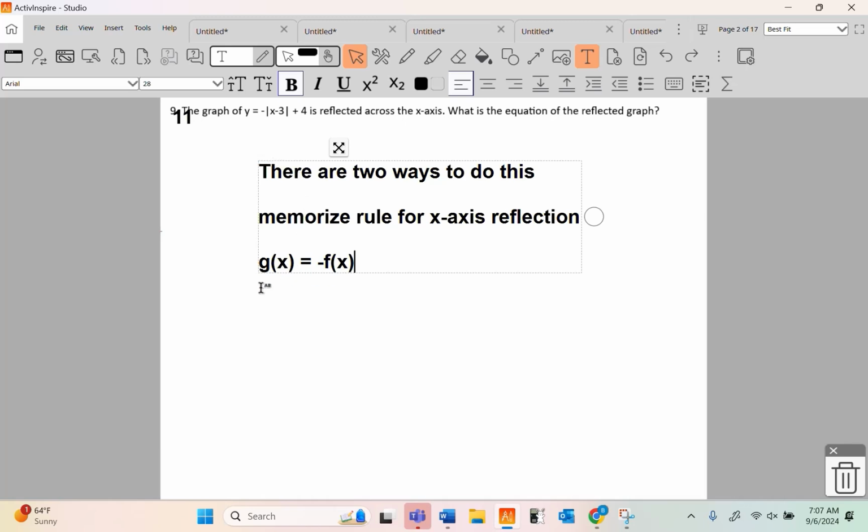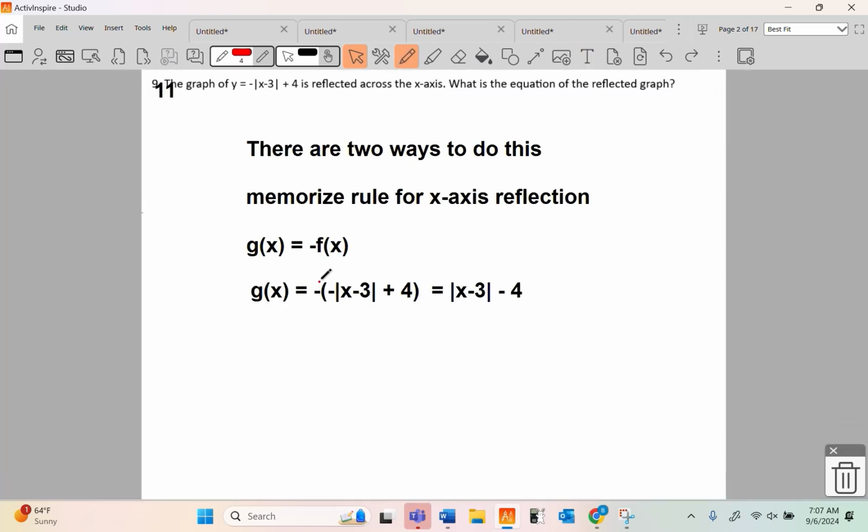So if I did that, and we'll just call this new function g of x, it would be negative absolute value of x minus 3 plus 4, which is going to be positive absolute value of x minus 3 minus 4, because of that old thing called the distributive property.